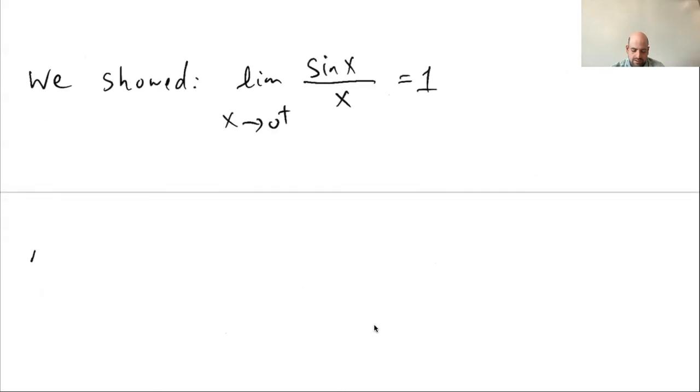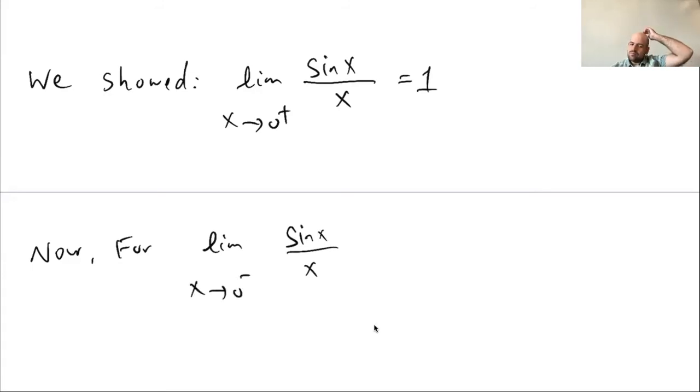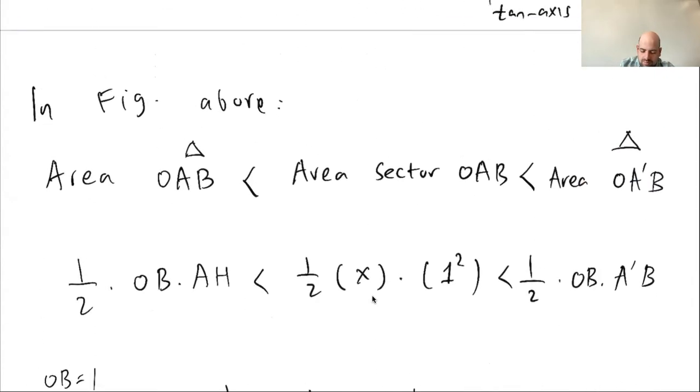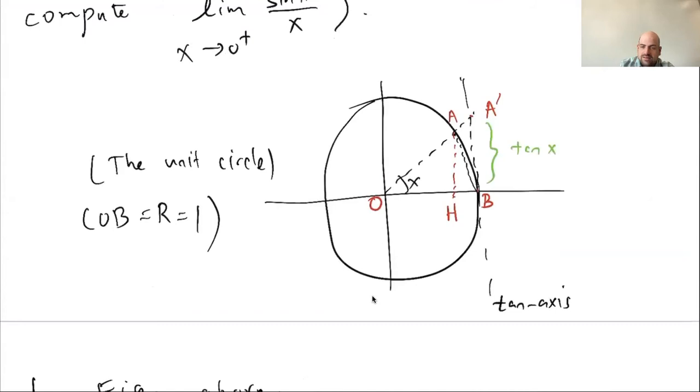Now for the other limit, the limit of sine x over x as x approaches 0 from the left. We have two possible approaches for this. We can either do it from scratch, because right now the picture that we did was a positive angle, right? Remember the counterclockwise is the positive direction.